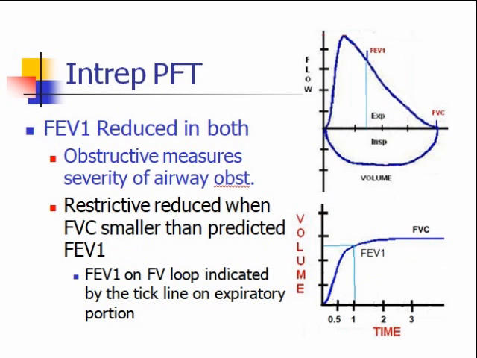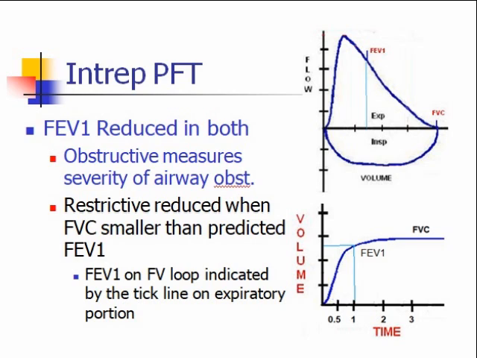The FEV1, when it's reduced, can give us a good indication of the severity of obstructive airway problems. However, if the forced vital capacity is smaller than the predicted value for FEV1, that could also indicate a restrictive problem.